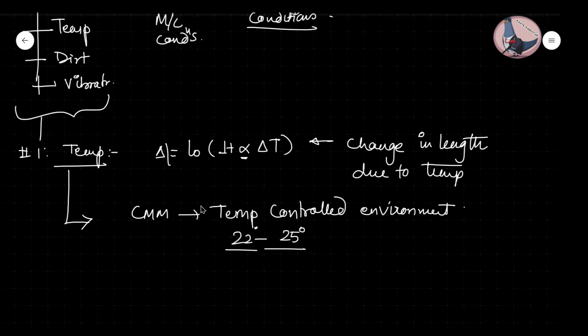Whatever the season, the temperature inside the room where the CMM is placed will be in this zone only. Fine. So this will ensure that the thermal strains are under check. Now, I am saying this temperature controlled environment, but it is not so easy either, because the temperature itself is not the problem. The main problem is temperature gradient.